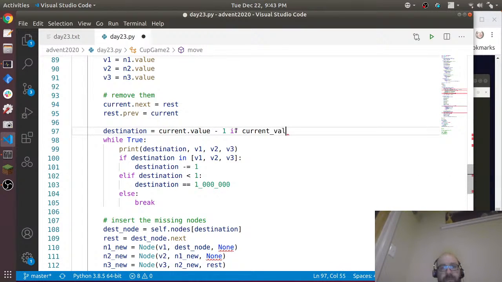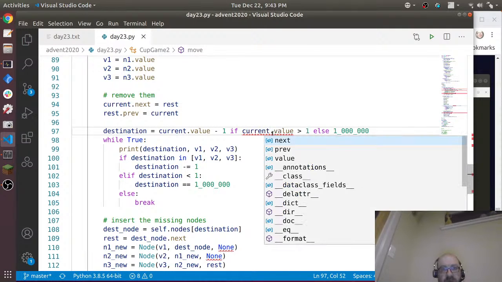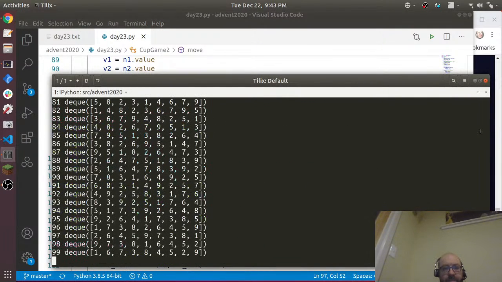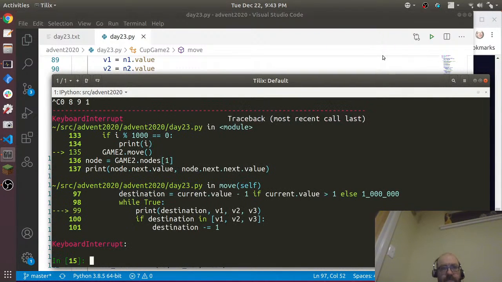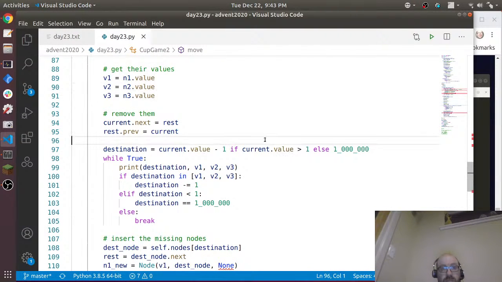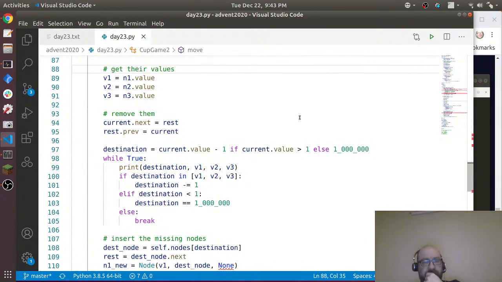If current value is bigger than 1, else destination is 1 million. Okay. Let's try this one more time. I don't know how I'm so stupid that I can't get this right. Destination is current value minus 1, else 1 million.